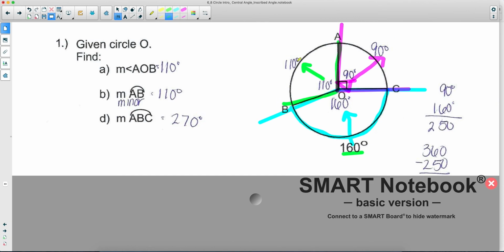Minor arc AB is also 110. And then arc ABC, and notice I don't have to say major or minor because there are three points that have to go in that way. So A to B to C means they have to add 160 and 110 to give us 270. That's how you work with the central angle, arc angle relationship.